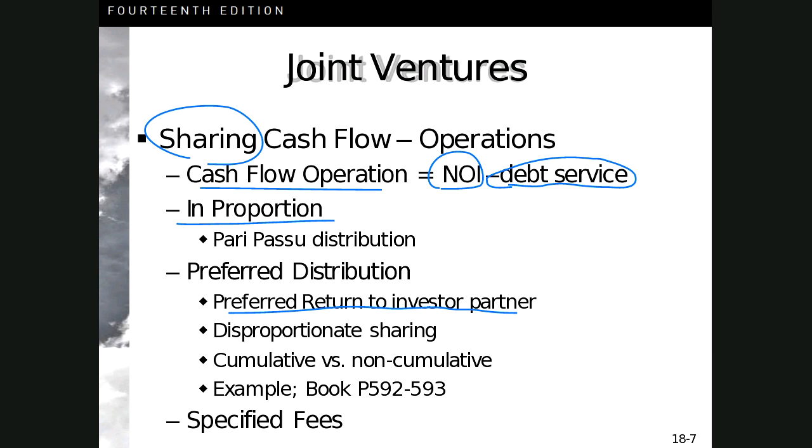Sometimes there is disproportionate sharing, depending on the terms negotiated, whoever is going to get a slightly bigger share. Sometimes it's cumulative, sometimes it's non-cumulative. Cumulative means you have to be proportional cumulatively. Non-cumulative means every single period you have to be proportional. A good example for that is in the book between page 592 and 593.